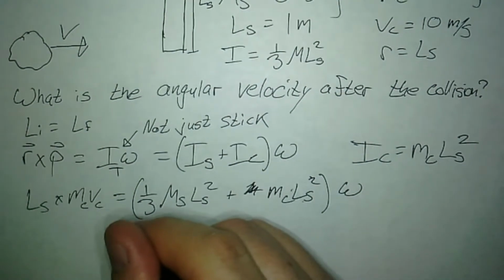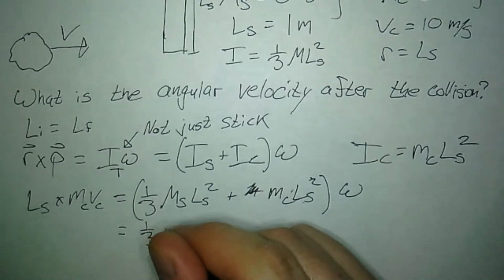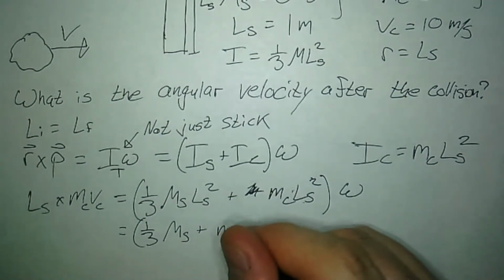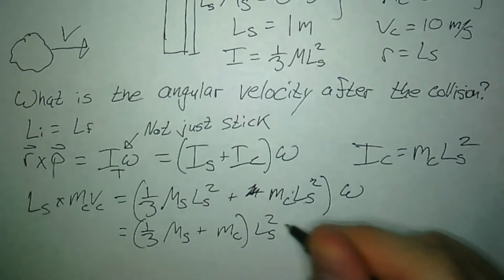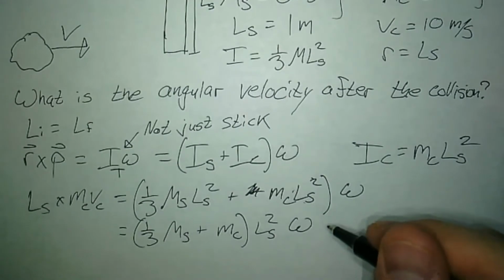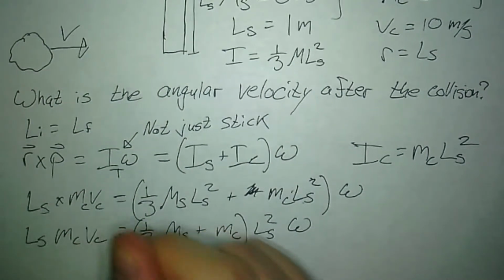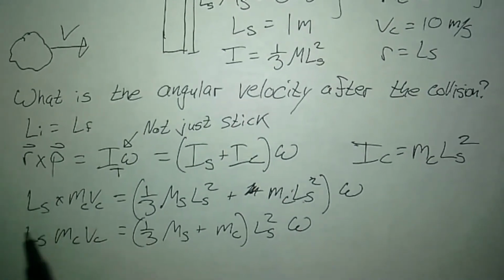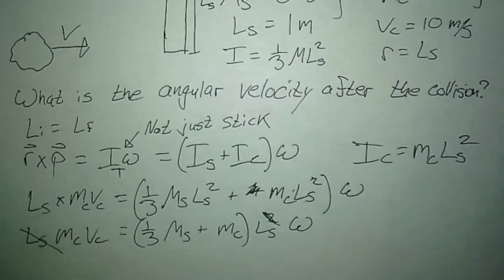So this is going to be 1/3 ms plus mc, times ls squared omega. And ls mc vc. Since every angle is a right angle, I don't need to worry about that sine theta term. So now this ls and the squared term are going to cancel out.